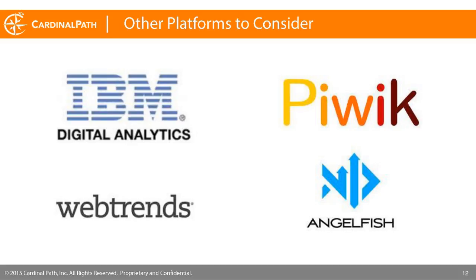And Angelfish is another on-premise solution that can read your server's log files, but it also has the ability to leverage tagging from Google Analytics and Google's old on-premise solution, Urchin. Those are just some of the options that you might look at while you're assessing various vendors.